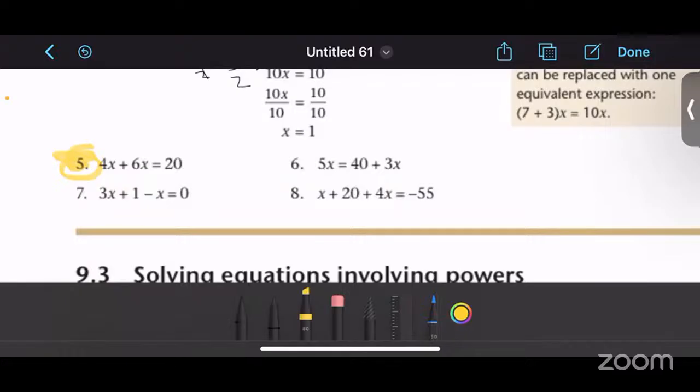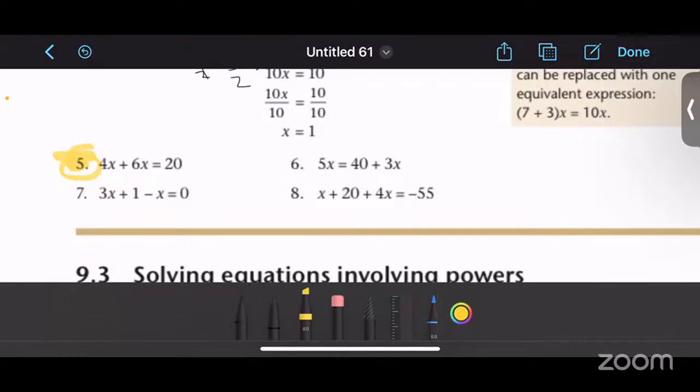So by so doing, if you want to get rid of the number before the variable, you can only divide by that very same number. And the thing is, when you are dividing for just one term, your answer is going to be wrong.